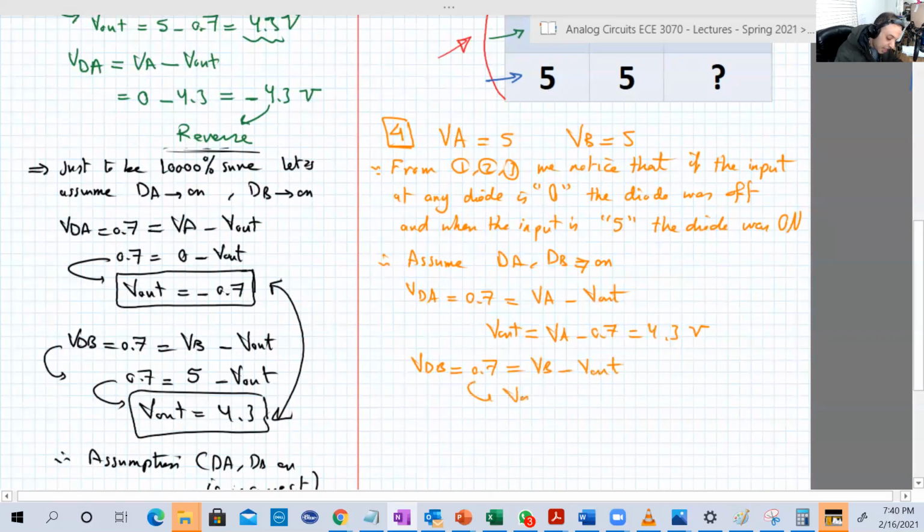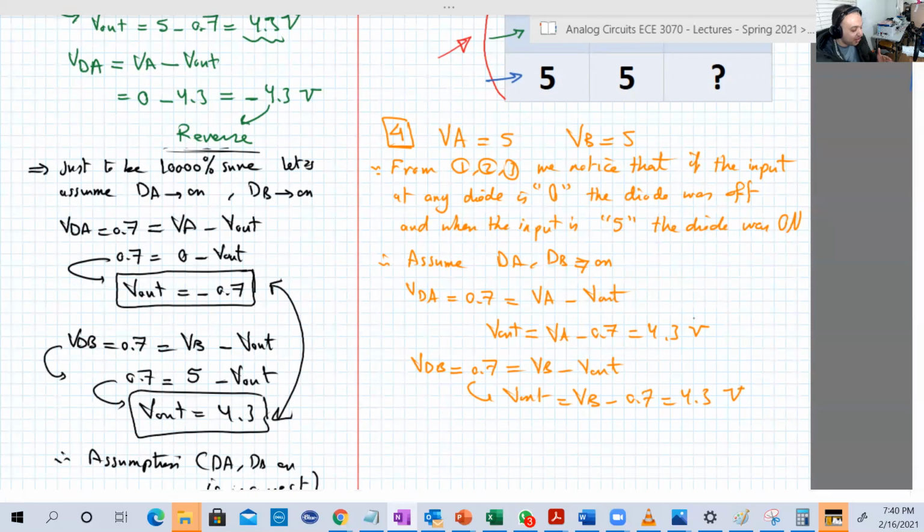So from here, V out equals VB minus 0.7, it will be 4.3 volt. Again, it is the same value. So we don't have a contradiction like in number 2 and number 3. So this is here 4.3 volt.